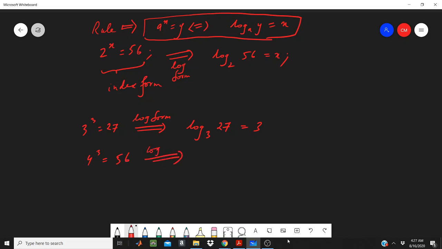In log form, this is the same as writing log base 4 of 64 equals 3. We can also have something like 7 squared, and that's in log form the same as writing log base 7 of 49 equals 2.